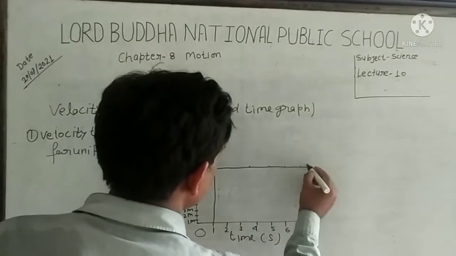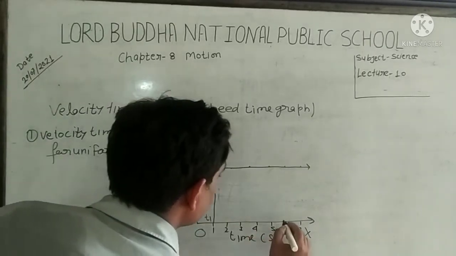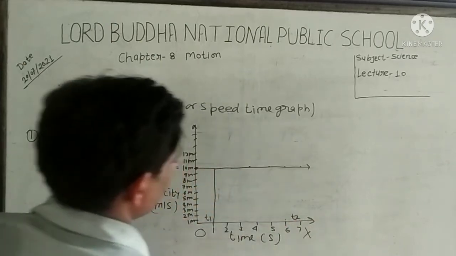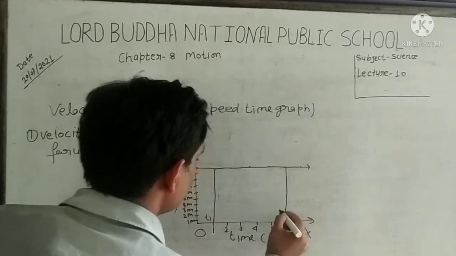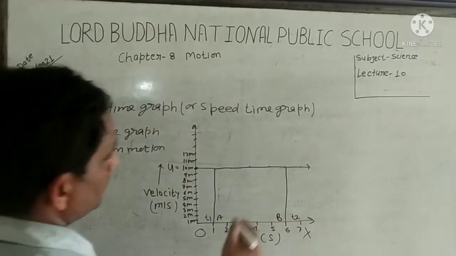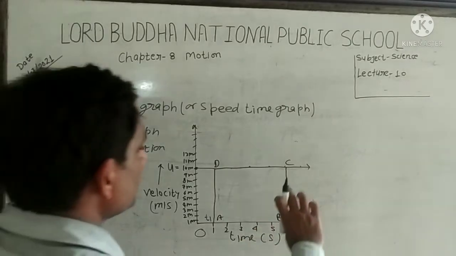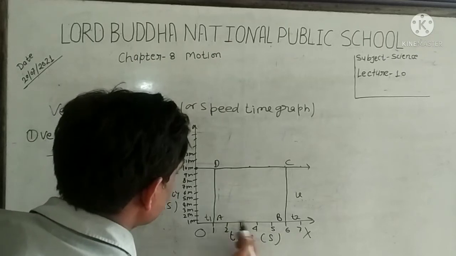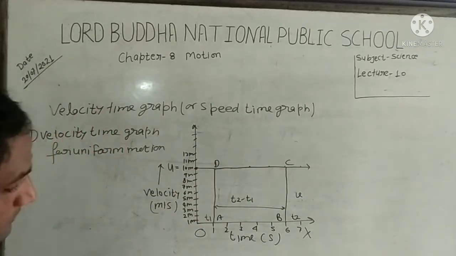Now we take two points, T1 and T2, for the time intervals. We draw perpendiculars to the velocity time graph. We take these points as A and B, and C and D. The length BC shows the velocity, and the distance between the points A and B is equal to T2 minus T1.